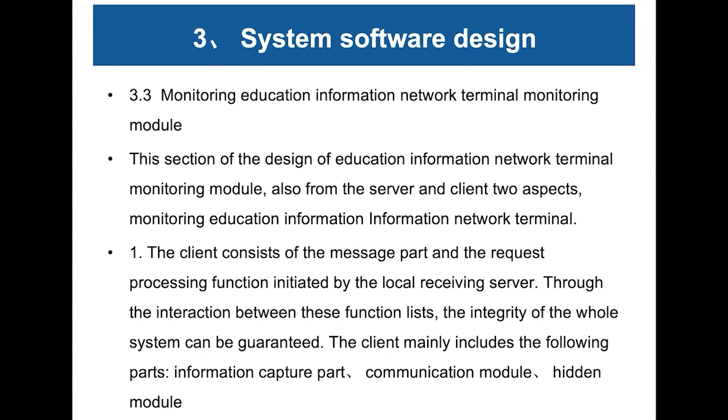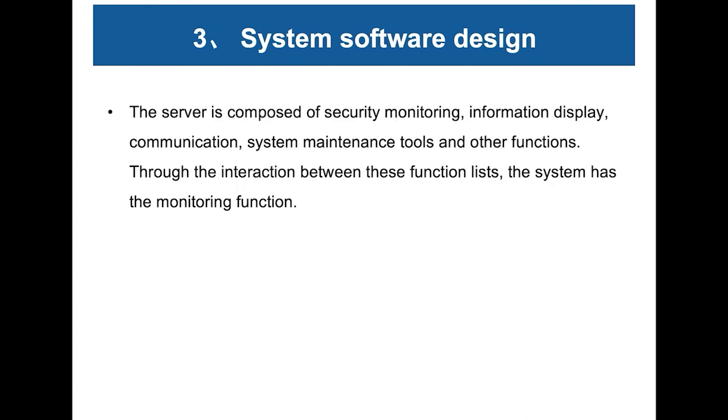The client mainly includes the following parts: information capture parts, communication module, and hidden module. The server is composed of security monitoring, information display, communication, system maintenance tools, and other functions. Through the interaction between this function list, the system has a monitoring function.